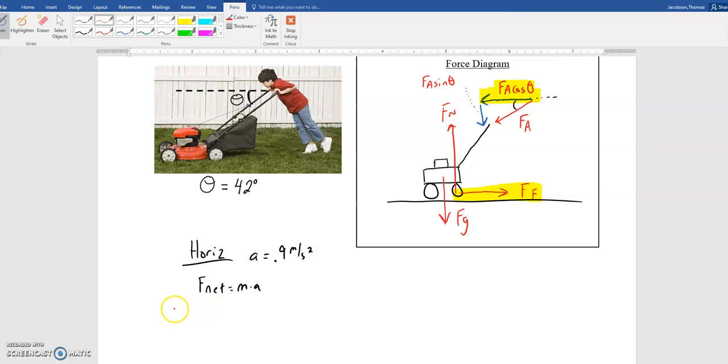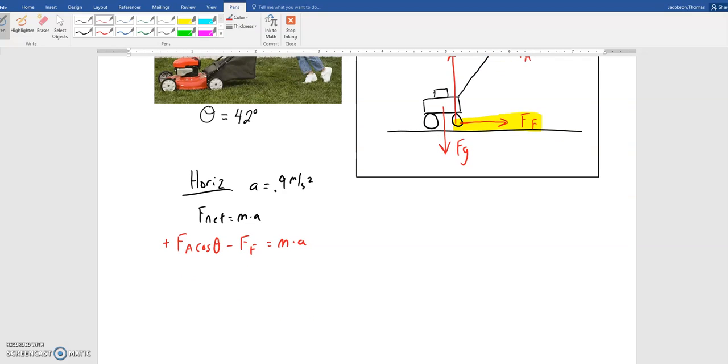So I'm going to make the direction that it's going the positive direction, so I'll make FA cosine theta positive, subtract off friction, equals m times a. That's the important step, is getting that. After that, it becomes just a little bit of algebra.